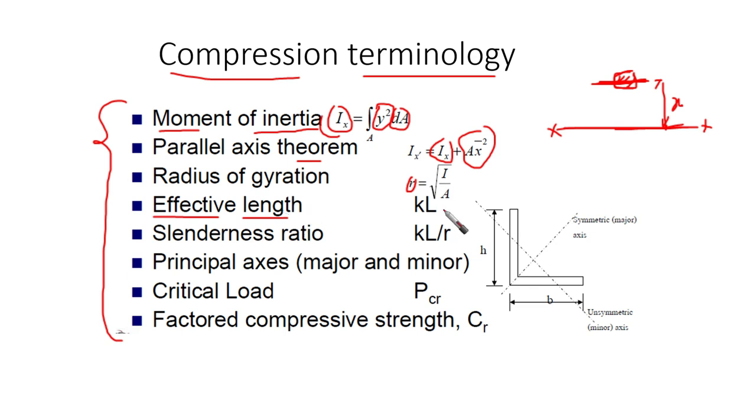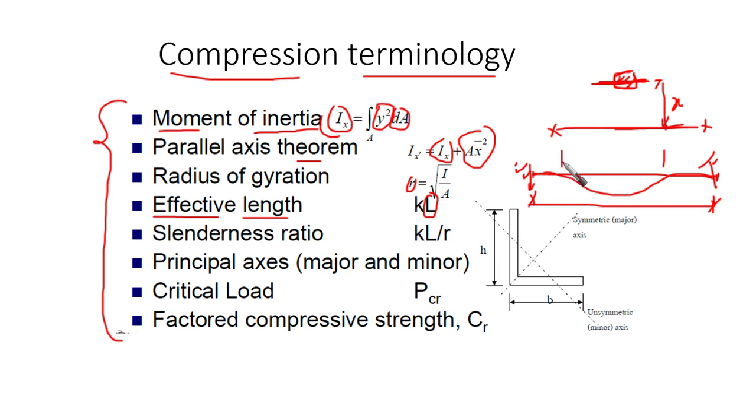It is not the length, it is the effective length. So effective length means that, if we have an element like this, for example, this is the original L. Commonly L is the distance from here to here, the ends of the element. But when we talk about effective length, it is going to be something smaller than this, which is the length that is going to buckle, starting from the inflection point.